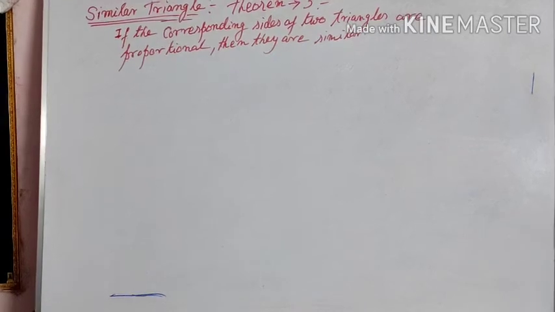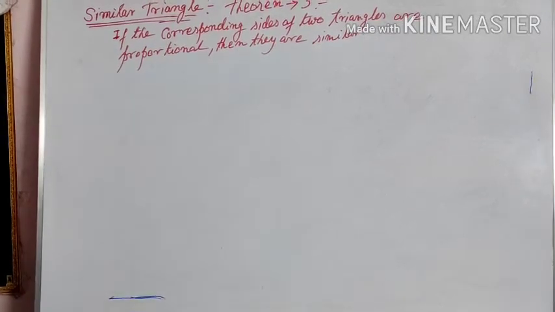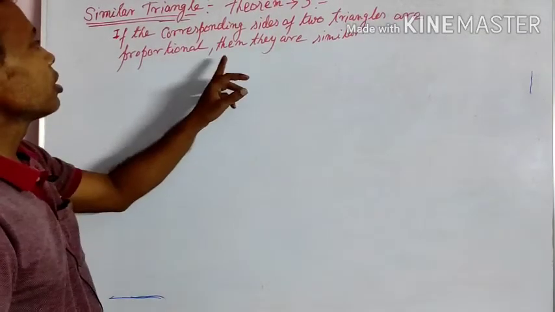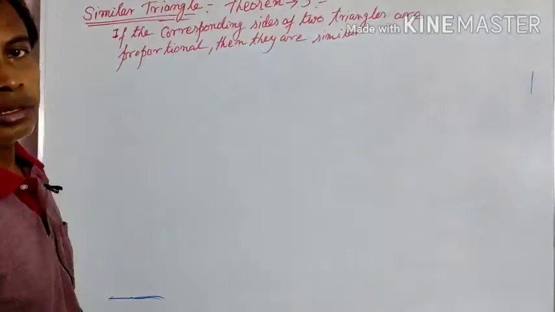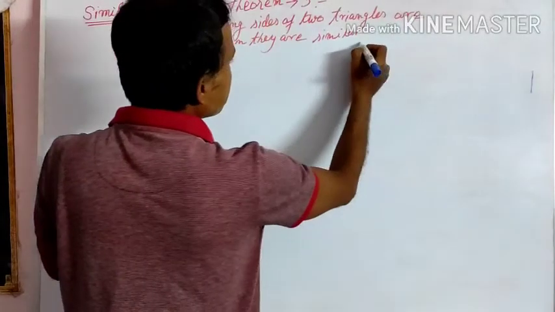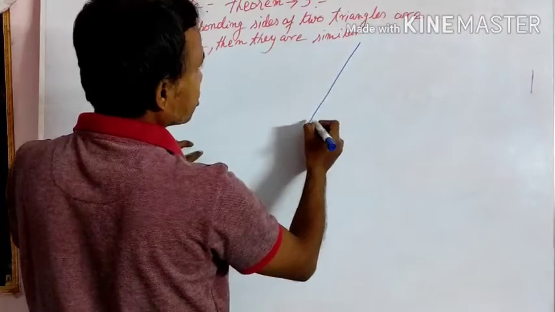Theorem 3, similar triangles. If the corresponding sides of two triangles are proportional, then they are similar; you have to prove this. So first we draw two pictures, two triangles, one each.